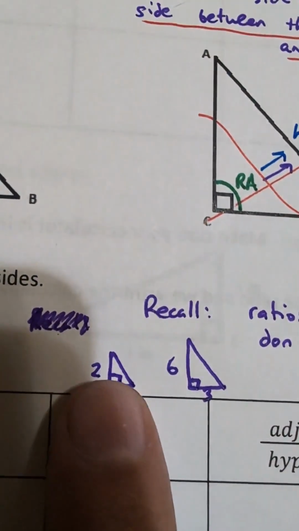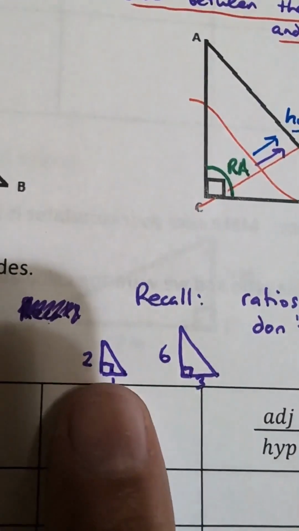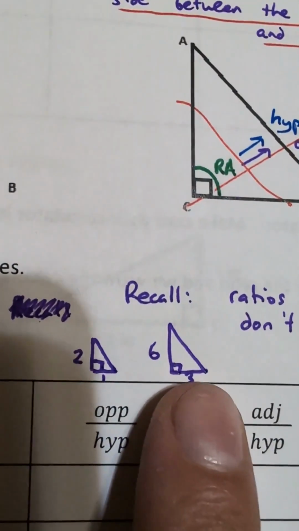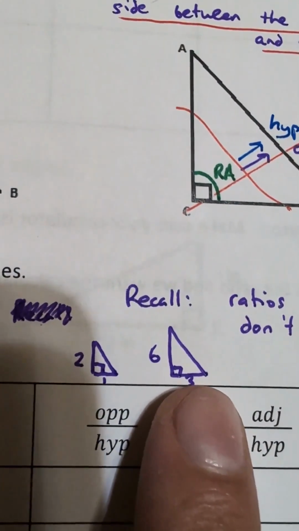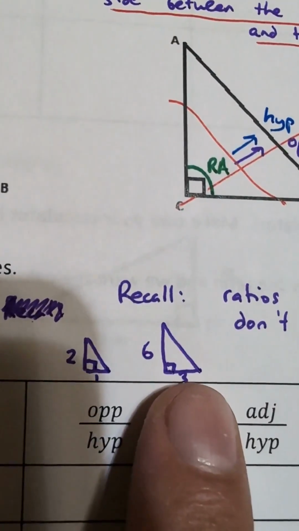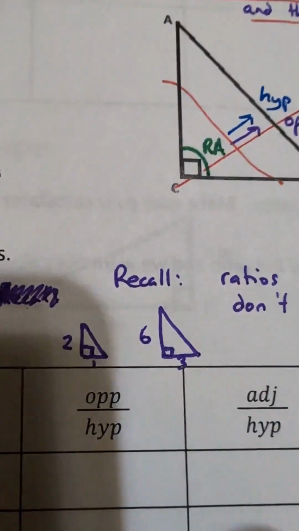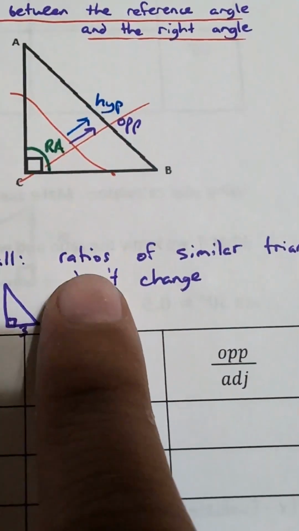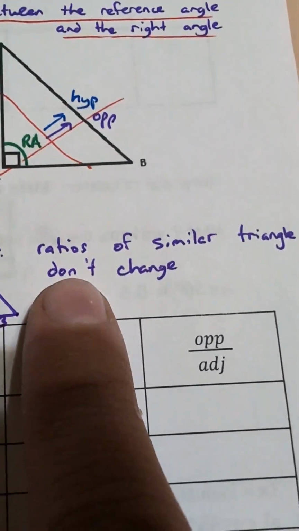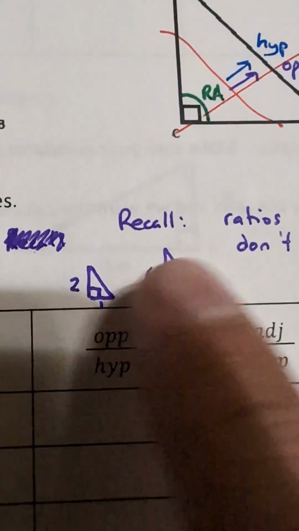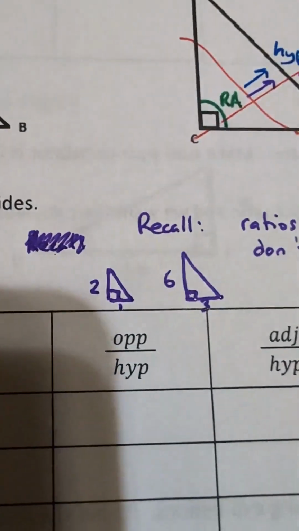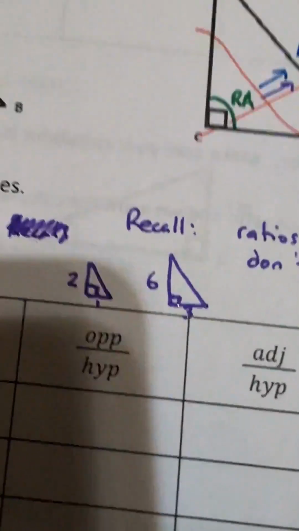If I triple one side length, I have to triple all the other side lengths in order to make it still be the same shape. And so everything gets scaled up, and so those ratios can be helpful to try to find the side lengths of a new triangle, as we know.